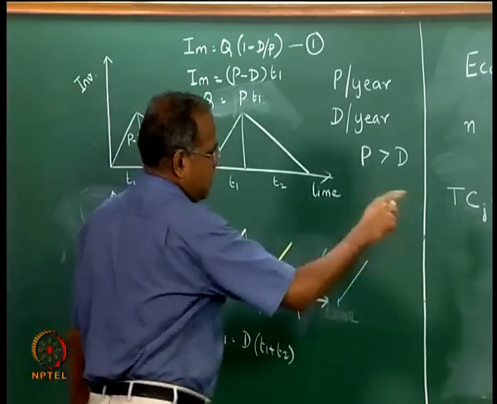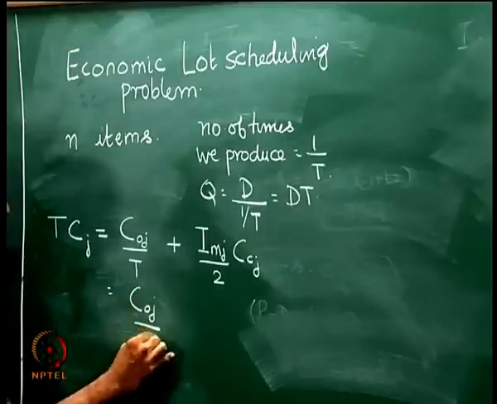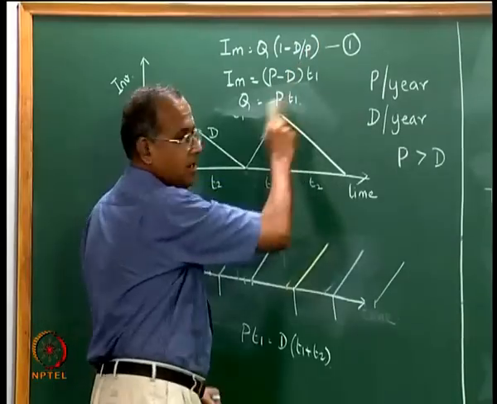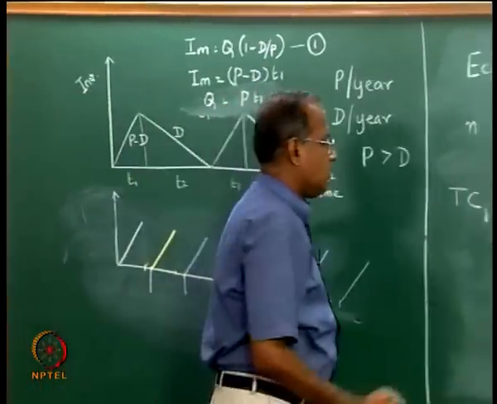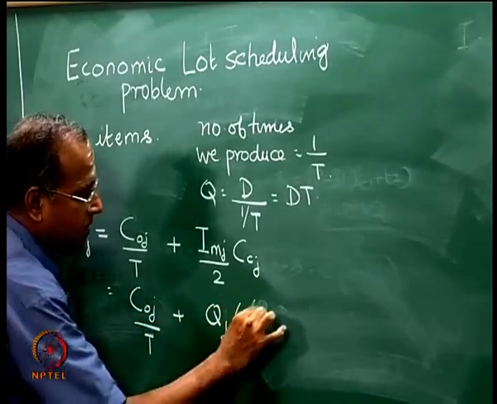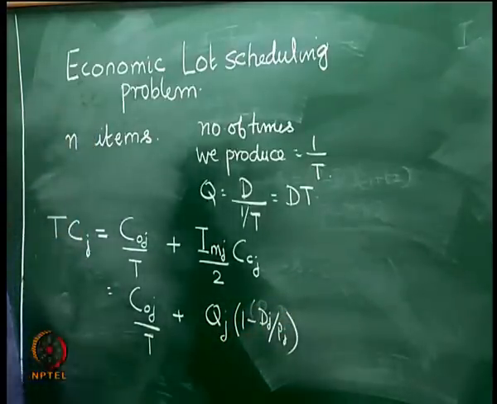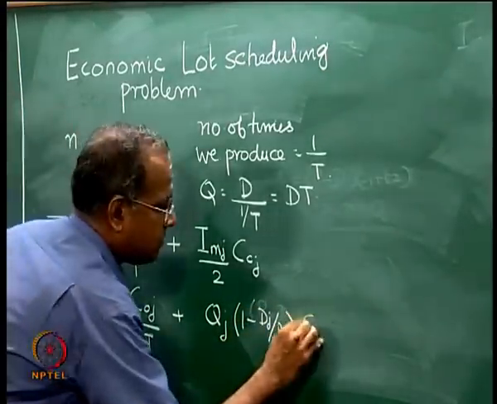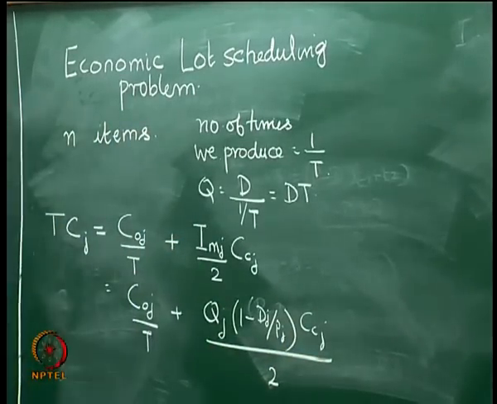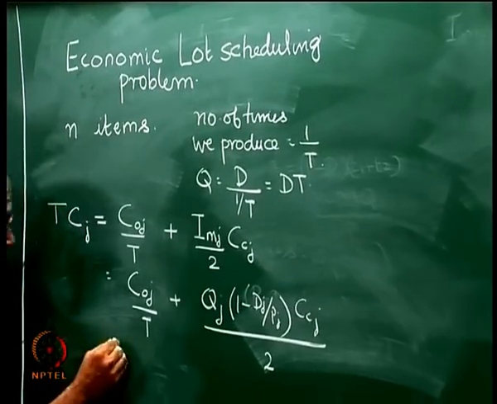So, from here we know that the total cost is C naught j by T plus Im, which is equal to Q into 1 minus D by P, so Qj into 1 minus Dj by Pj into CCj divided by 2. And we also know that Q is equal to DT.